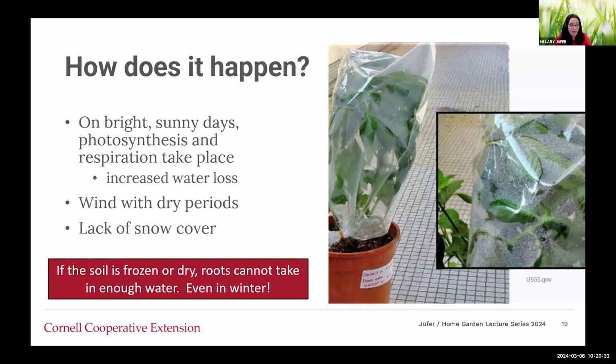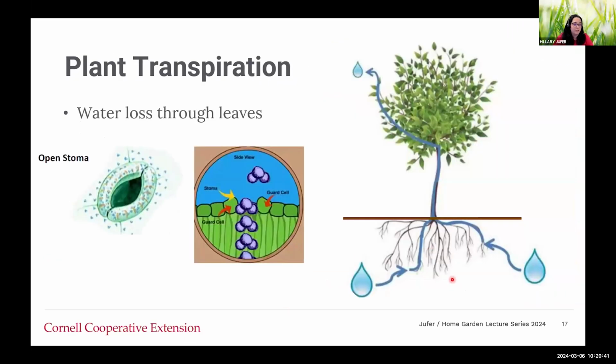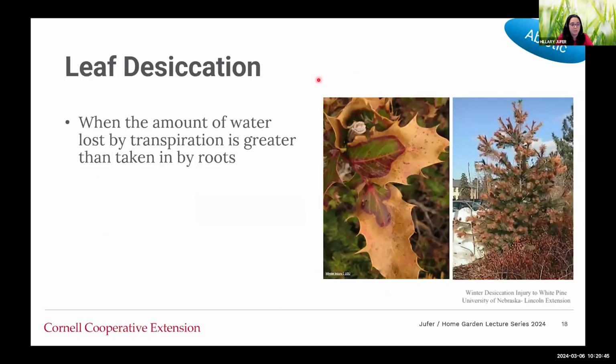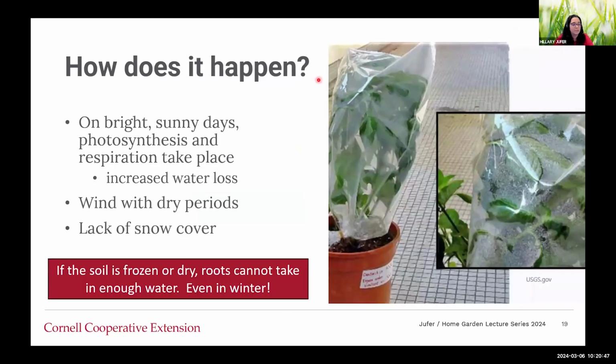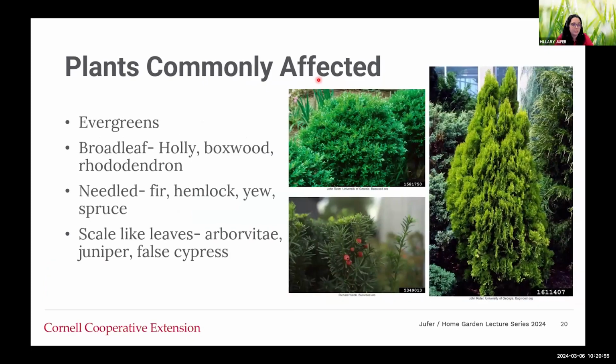So the takeaway for that is, if the soil is frozen or dry, roots cannot take in enough water, because they're going to take in the water here and continue the transpiration process. So if it is dry or frozen, they can't take in enough, and there's more transpiration, which leads to this burning.